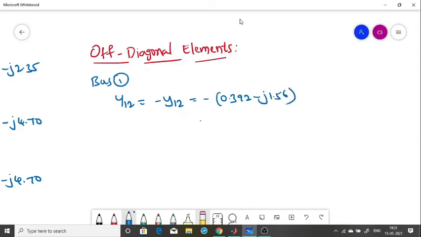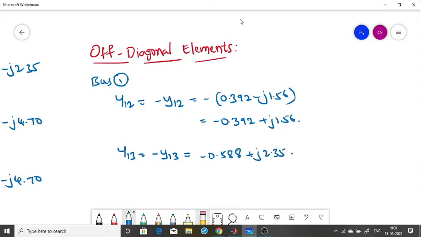Therefore, this is equal to minus 0.392 plus j1.56. What do we have left? Capital Y13 is minus small y13. I'm writing directly the value as minus 0.588 plus j2.35. So this is under bus 1.